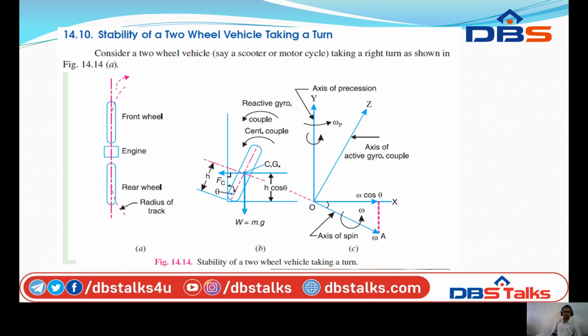So the weight of the vehicle and rider is mg. Mass is m, weight is mass into 9.81, and h is the height of the center of gravity of the vehicle and the rider. rw is the radius of the wheels, and capital R is the radius of the track. Track is nothing but the path, and Iw is the mass moment of inertia of each wheel.